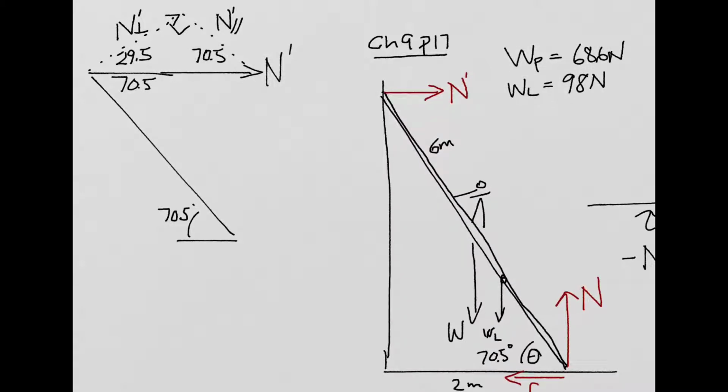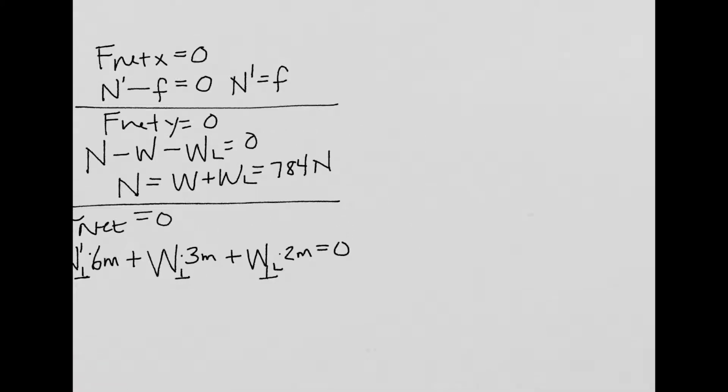Okay. So from the point of view of this angle here, the perpendicular component is an opposite. Therefore, I can conclude that N prime perpendicular equals N prime times the sine of 70.5. Hopefully that makes sense. Let's look at the other forces, which are the weights coming down. I'll just look at one, and we'll conclude that the other is similar.